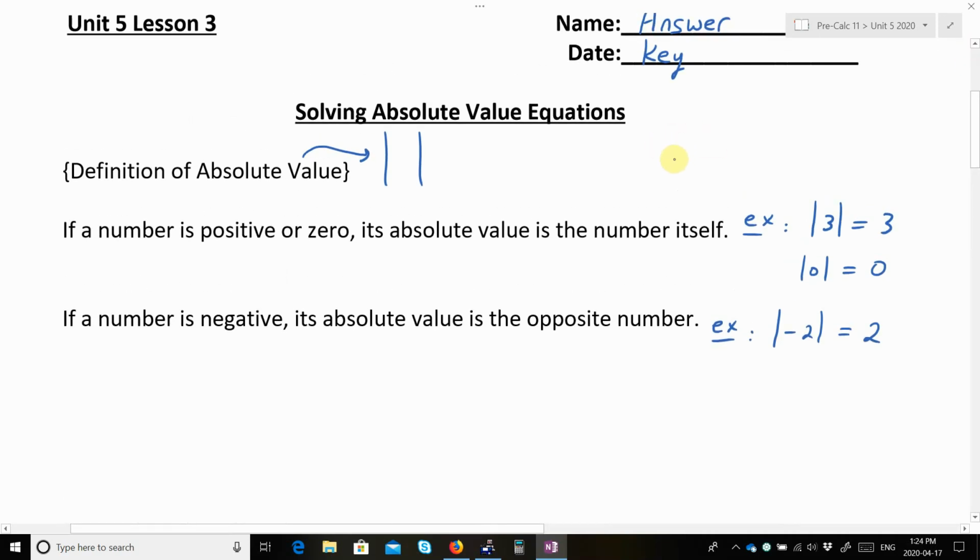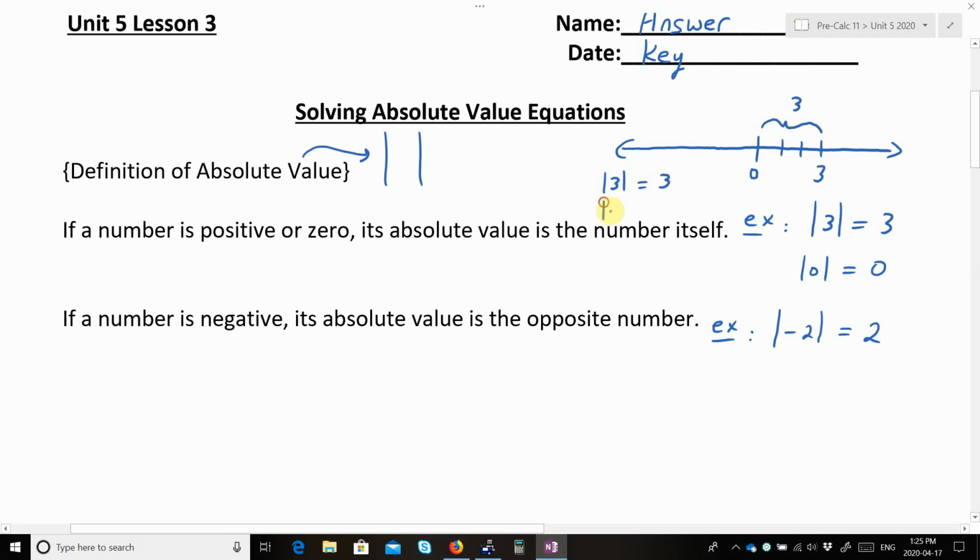And you can kind of think of the absolute value function as the distance that a number is away from 0. So for example, if 0 is here and we wanted to know the absolute value of 3, well, 3 is over here, and you notice that that's a distance of 3 units to the right.